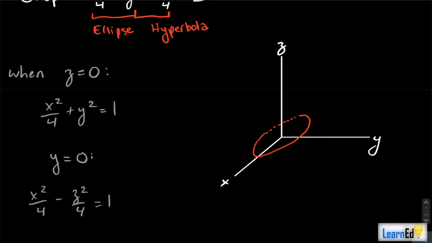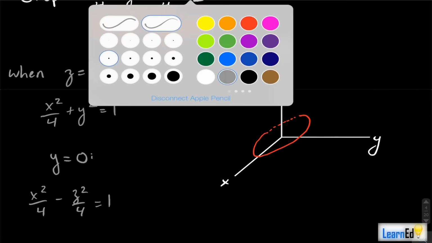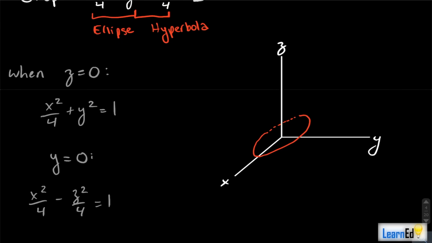If we just have our graph on the xz axis, it's just going to be a hyperbola. So we'll have a hyperbola right here, and we'll have one in the back right here. Excuse the drawing, I'm not the best artist in the world if you haven't already figured that one out. But anyways, that's our y equals 0 trace.